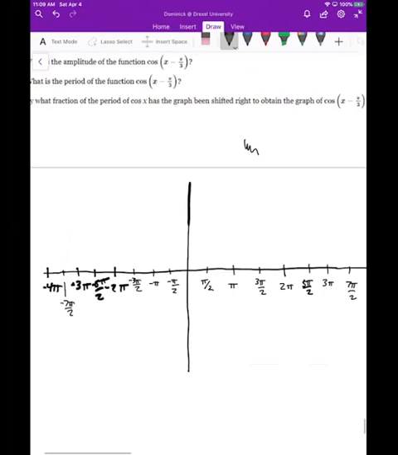Okay, so let's do cosine in red, and we'll do the cosine of x minus pi over 3 in dark blue. All right, well, cosine, of course, goes from -1 to 1. So we have this for our cosine graph.